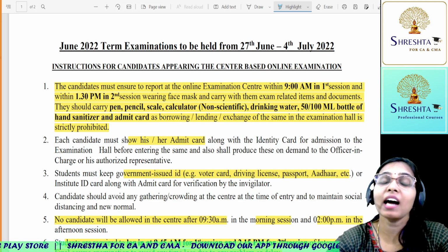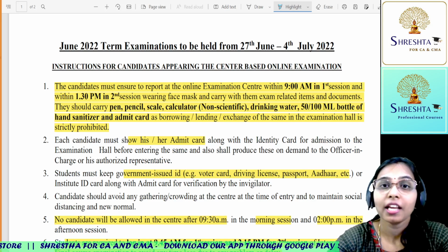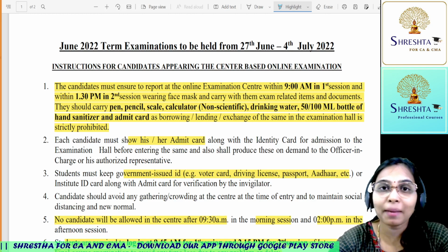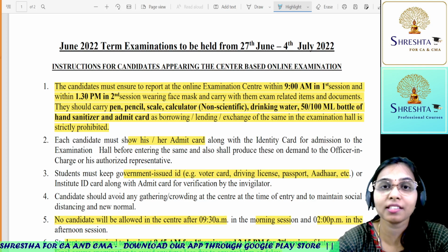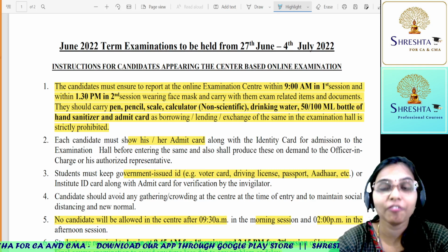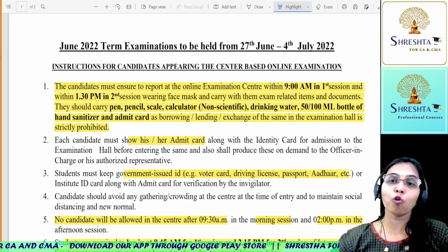So here there are some instructions which the candidates or the students need to read once, and make sure they apply these all things on the center based online examination, which is going to be held from 27th June till 4th of July.